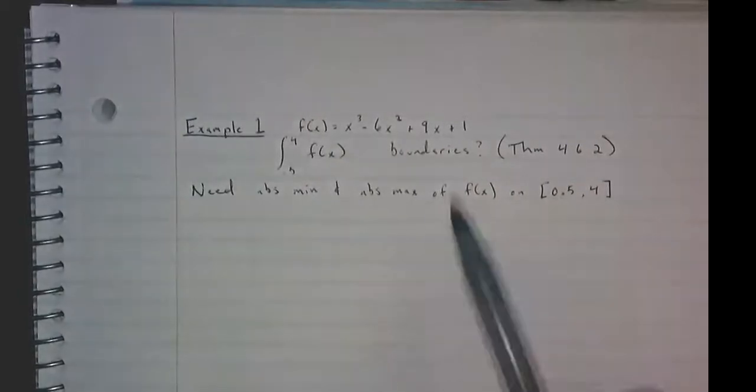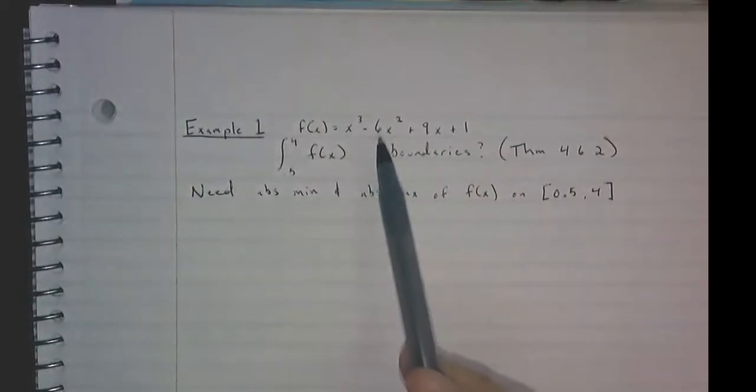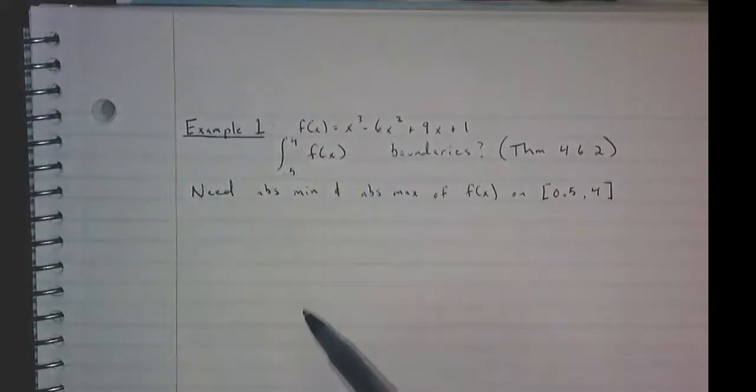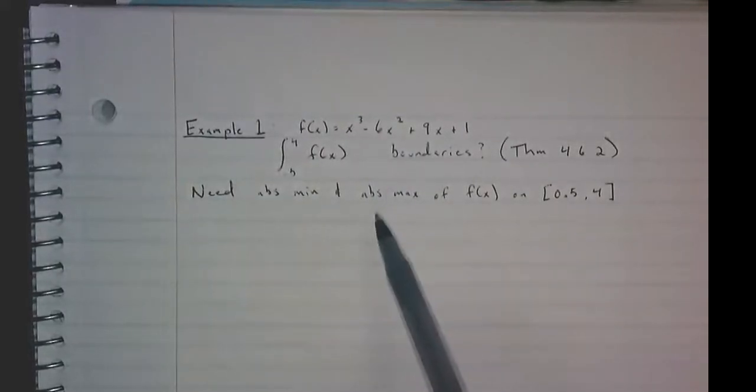Which, if we were inclined, we could certainly take the derivative, find out where it's 0, look at the endpoints, and find the absolute maximum and minimum. Okay, and that is something that we should be able to do.